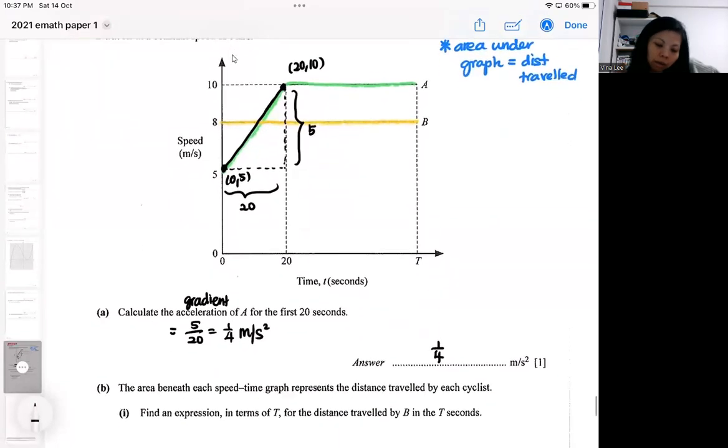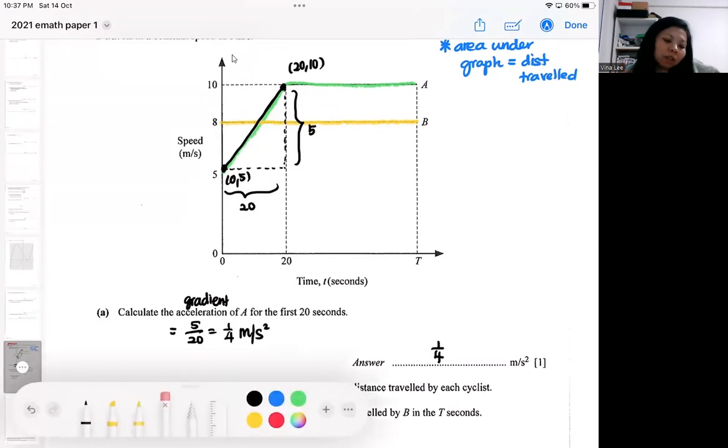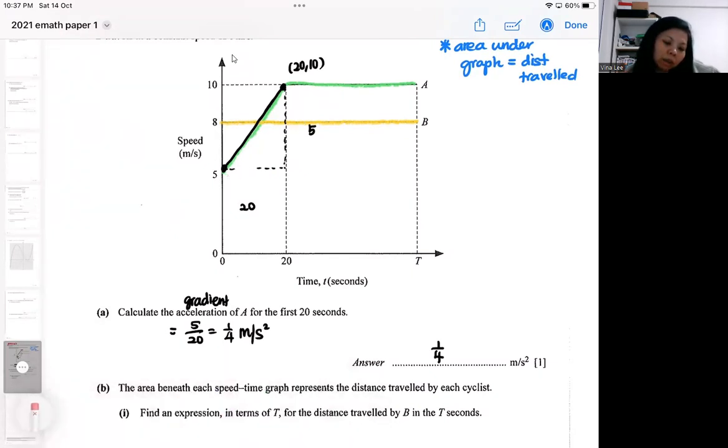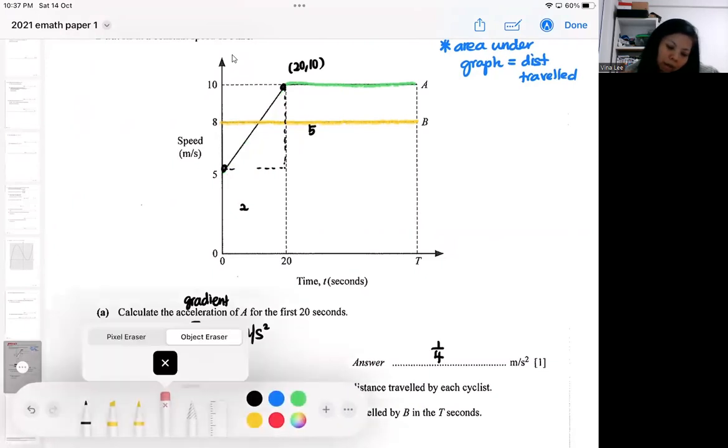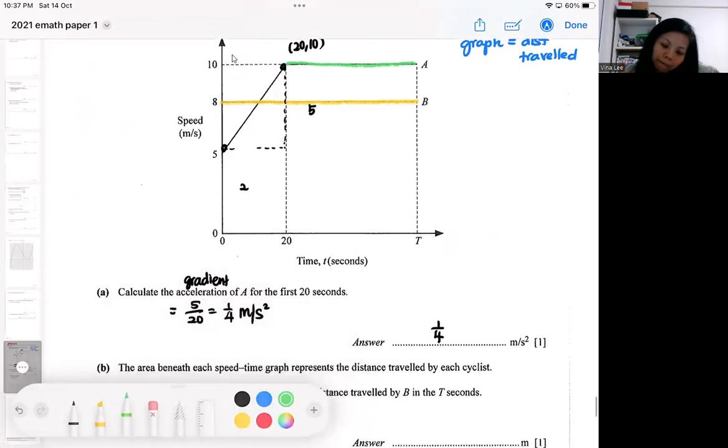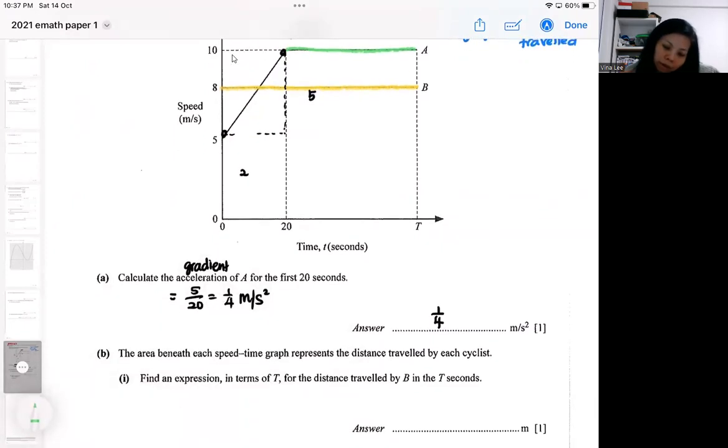Okay, and here for part B, they actually remind you that the area under graph represents the distance, which is a feature that you are expected to know. So now we are supposed to find the area. We want the distance traveled by B. So the distance traveled by B is a very simple thing.